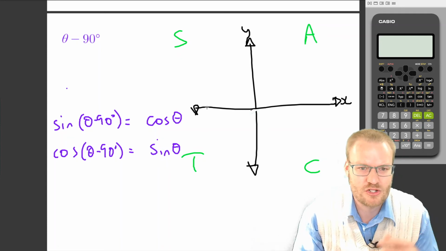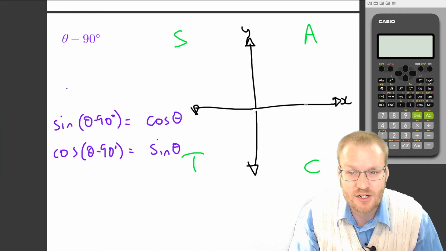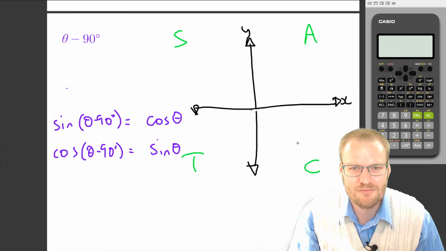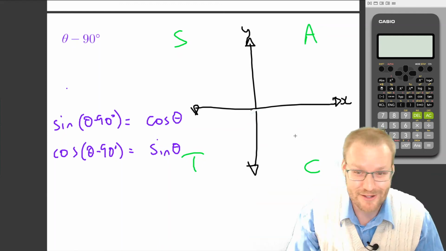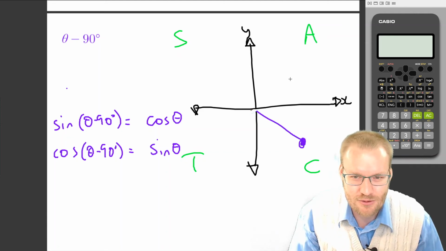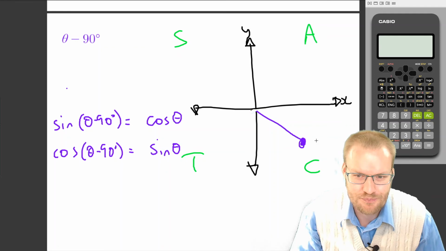And we're just going to use our cast diagram. Which quadrant are we working in if we're dealing with theta minus 90 degrees? It's like I'm giving it away, aren't I? We're dealing down here. So we're in this quadrant because if theta were up here in the first quadrant, and we've gone clockwise, we've subtracted 90, we're down here.